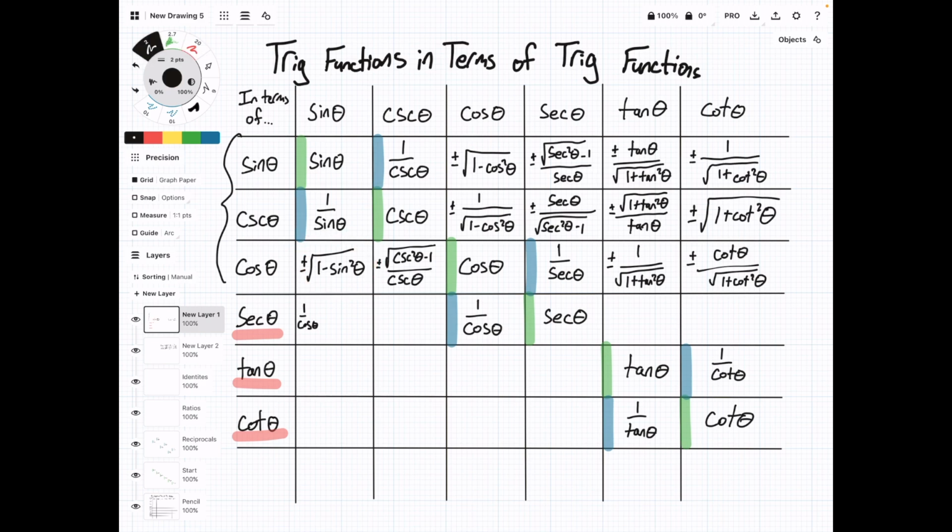Same thing for tangent. We know that it's sine theta over cosine theta. So we could just reach back up in the column and get sine theta, put it over this cosine theta, and we would have tangent theta in terms of sine. For the sake of completion, though, I am going to run through all of the steps for getting these, but if you want to stop early and fill it in, you can do that.